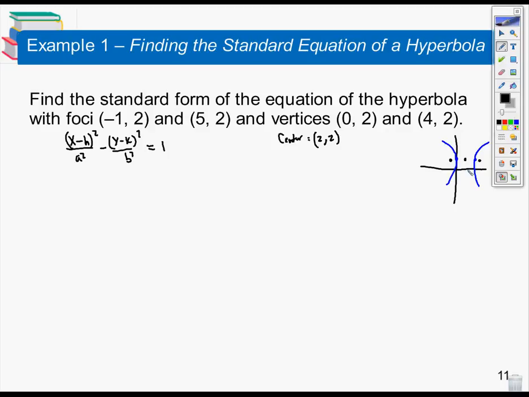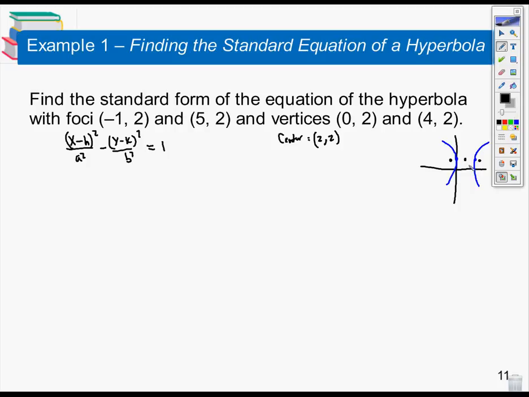That way we know the transverse axis here is going horizontally. So I need to make sure that I'm doing the correct equation for a horizontal transverse axis, which in this case I do. I have a underneath the x and I have b underneath the y. Okay, so that's a hurdle to get over as well.